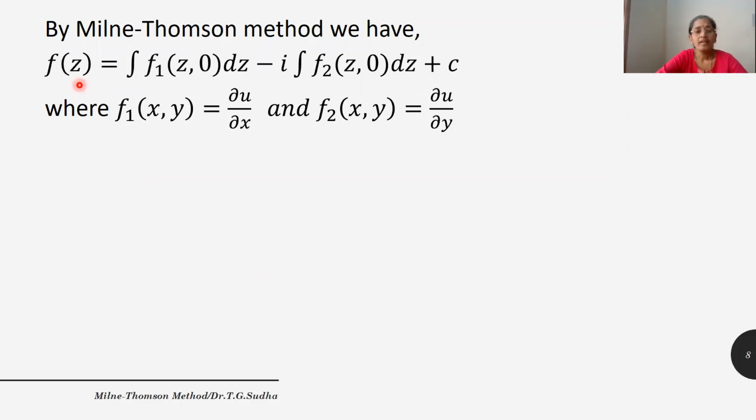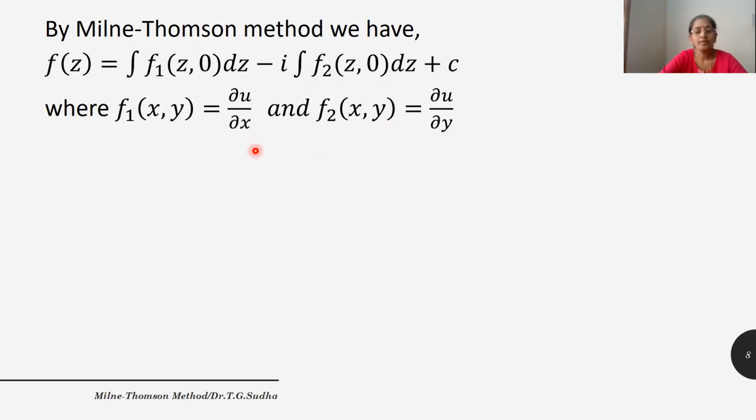So the Milne-Thomson method has given the formula f of z is equal to integral f1 of z comma 0 dz minus i into integral f2 of z comma 0 dz plus c, where f1 of x comma y is dou u by dou x and f2 of x comma y is dou u by dou y.